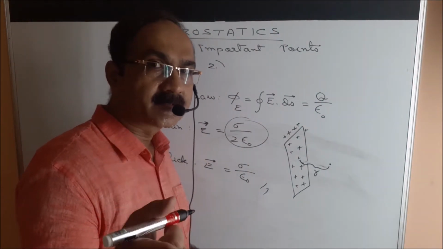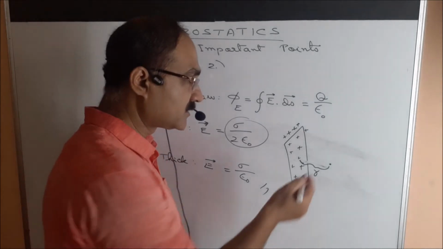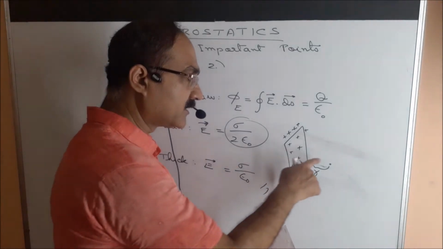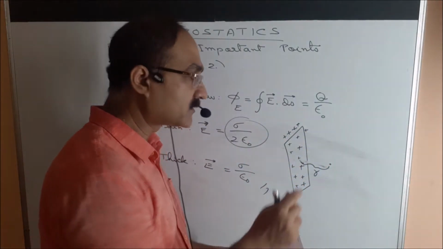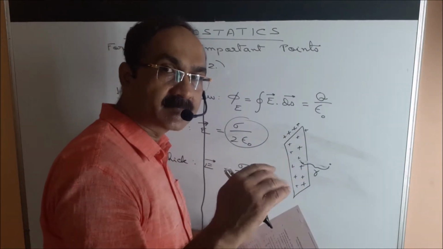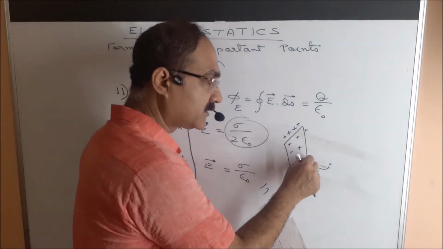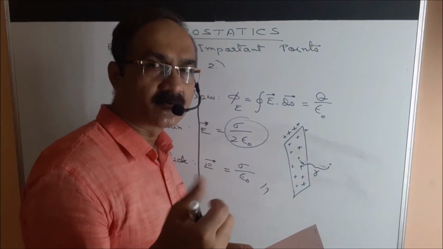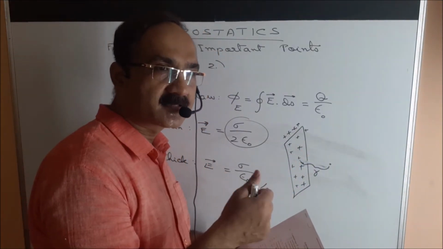Notice an important point here, I think you know this, which is the distance r is not there in the formula. That means the electric field does not depend on the distance of this point from the sheet. It is the same at a near point and at a far off point. When we first learn this, it seems illogical.